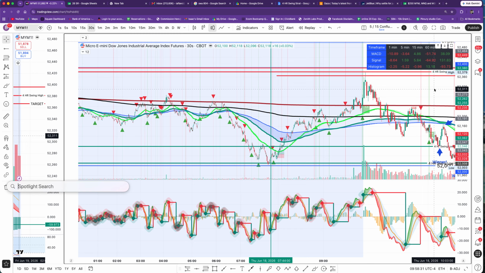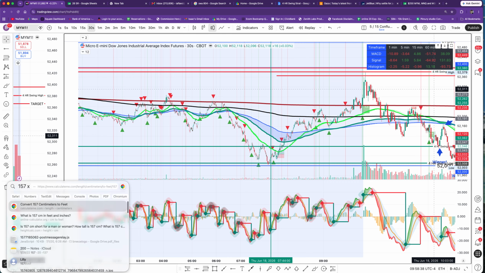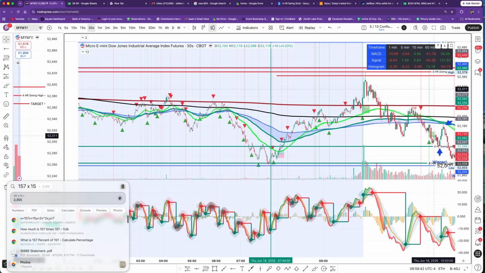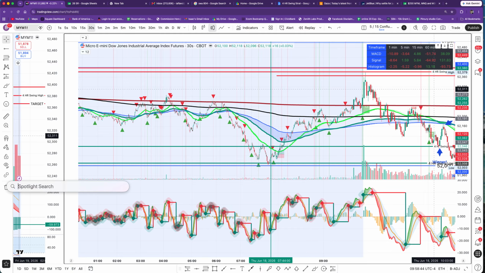All right, so we have 15 contracts left over. We made $157 per contract times 15 contracts. That's $2,355 on the second lot, and it's about $25 on the first lot. So it's pretty good for a morning's work. It's about $1,200 an hour we're making.